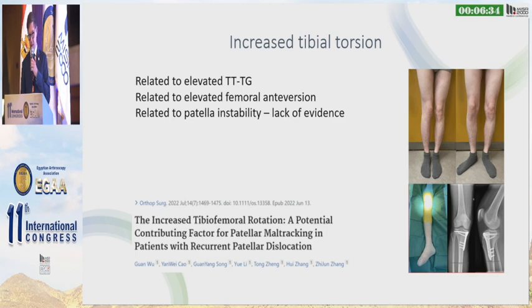So the thing is, increased tibial torsion, it hasn't been studied that much how much it relates to patellar instability. So there is a lack of evidence.